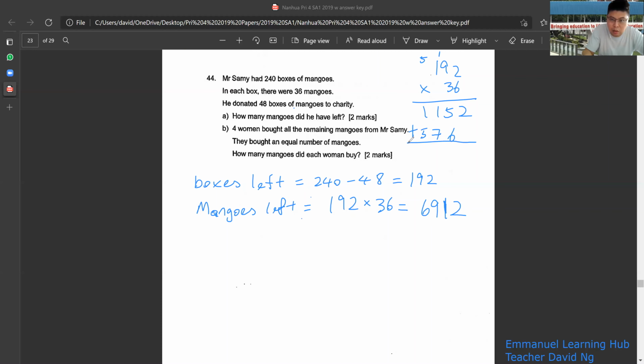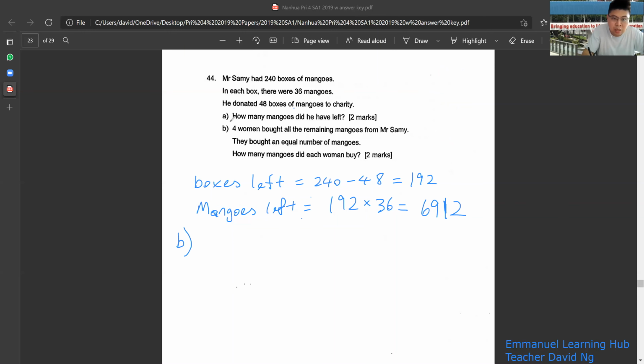That's how you get 6, 9, 1, 2. So mangoes left, 6,912.